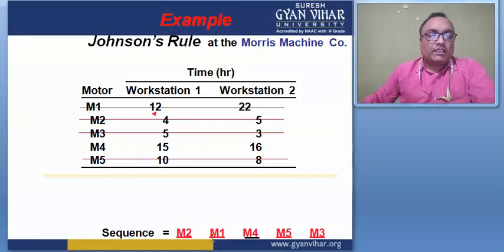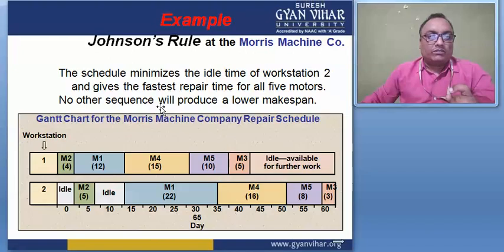Then the next job, M1, takes 12 hours, and you fill 12 hours in the Gantt chart. In workstation 2, this job is completed in only 5 hours, then 5 to 7 hours is idle time.